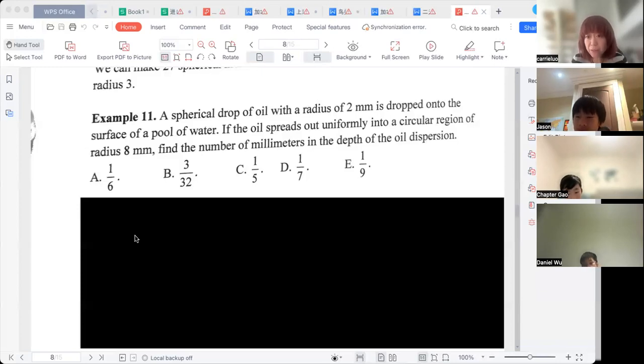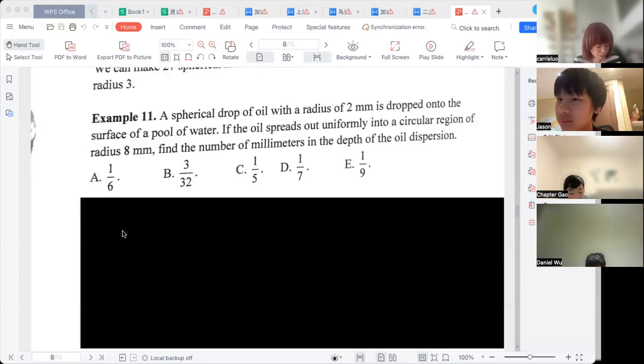They spread. Find the number of millimeters in the depth of the oil dispersion.